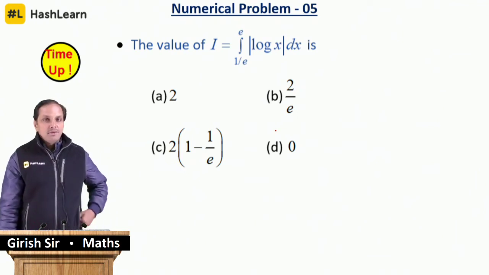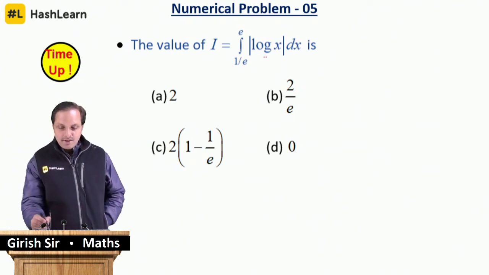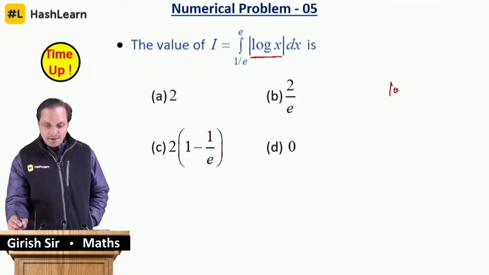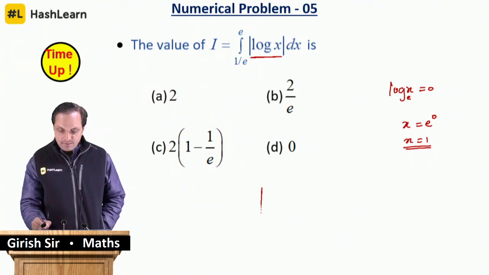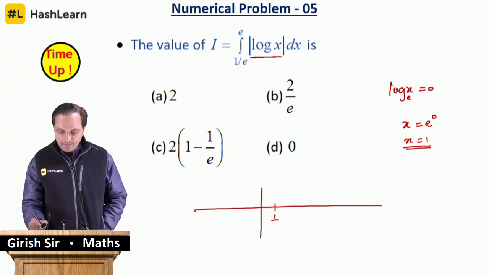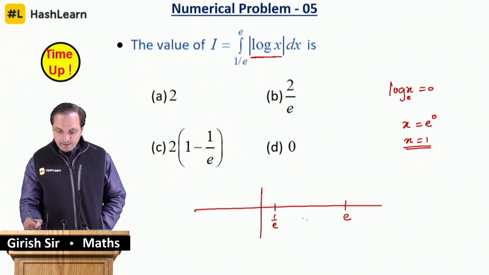Time up. What I told you, the first thing you need to do is take the function log x which is inside the mod and equate it to 0. So x is equal to 1, which means you need to split this at 1 by e, 1 and e. There is one point x equal to 1 in the middle.